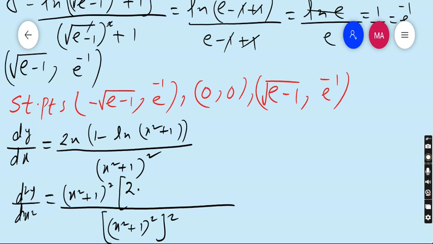For this we have to use the u into v formula. So I am taking 2 outside, x dot derivative of (1 minus ln(x square plus 1)): 1's derivative is 0, minus ln(x square plus 1) is 1 upon x square plus 1 dot derivative of x square plus 1, which is 2x.